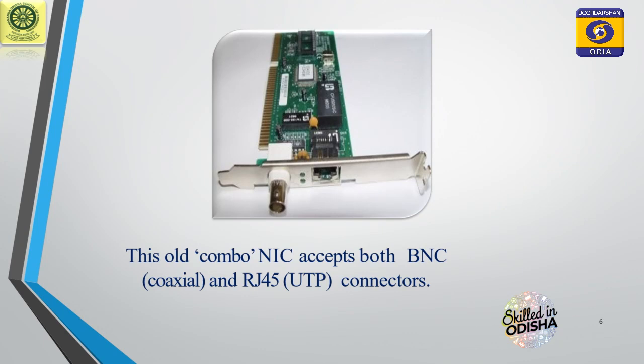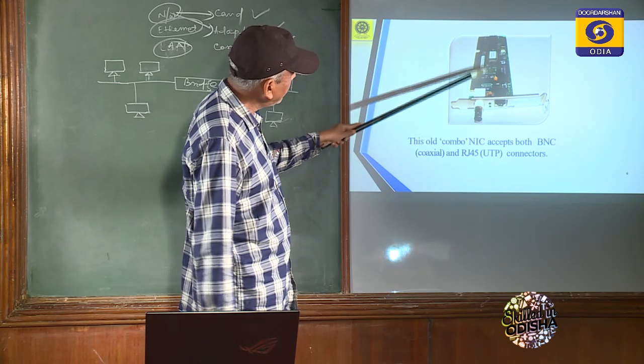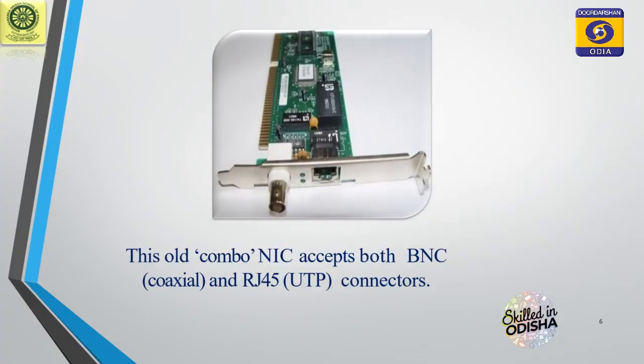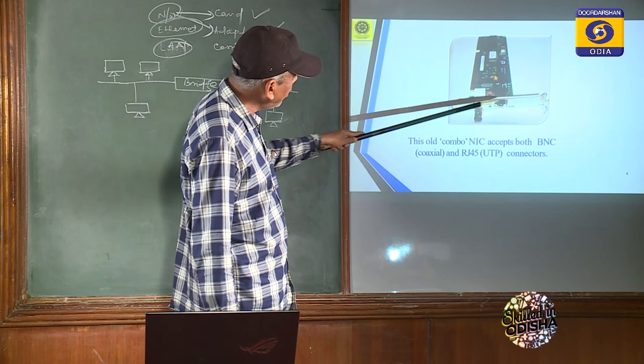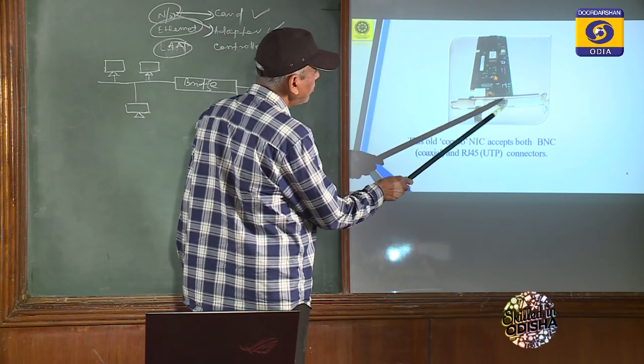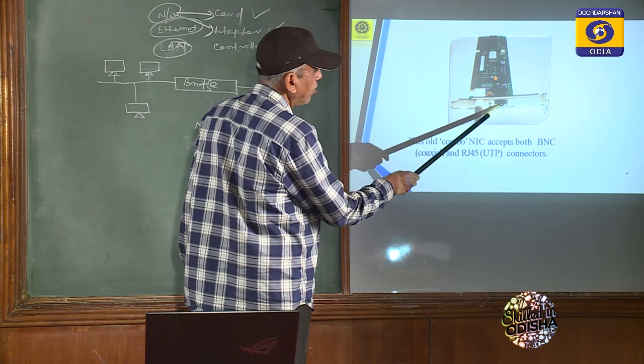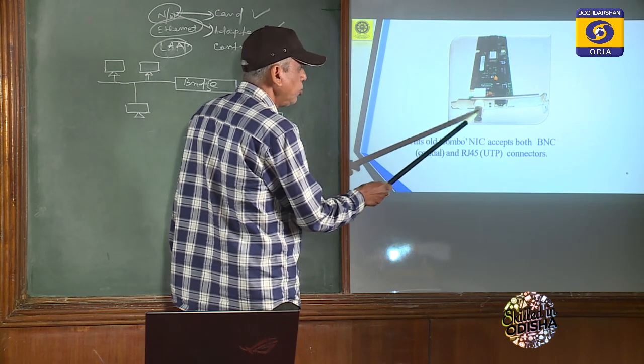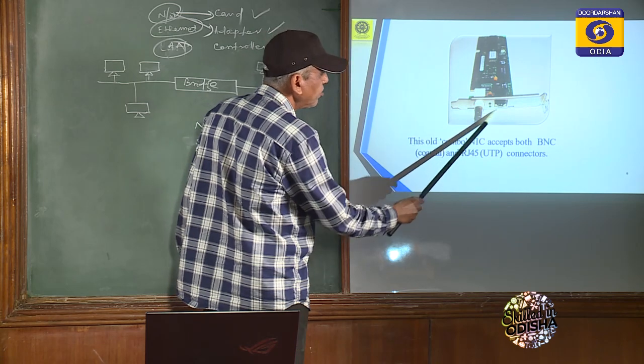This is the physical component, an electronic board. Within this there are 2 connectors. One is the BNC connector and this is the RJ45 connector, a combo. You may connect with this one or this one.